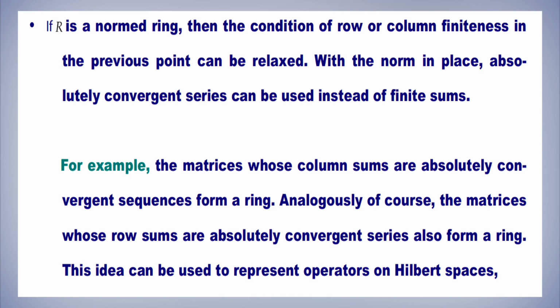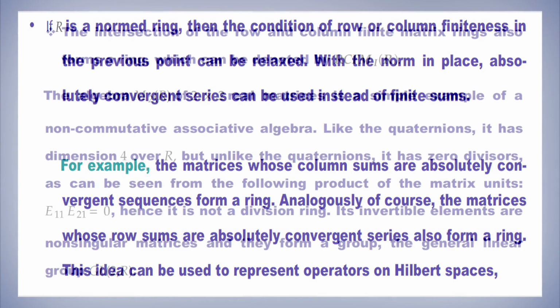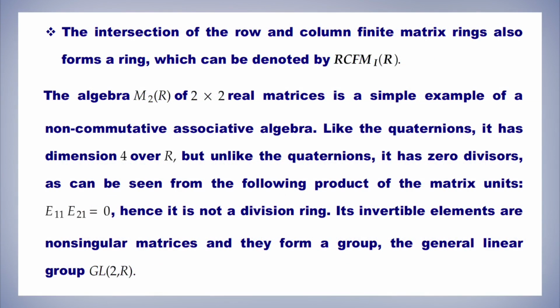This idea can be used to represent operators on Hilbert spaces. For example, the intersection of the row and column finite matrix rings also forms a ring, which can be denoted by RCFM_I(R).